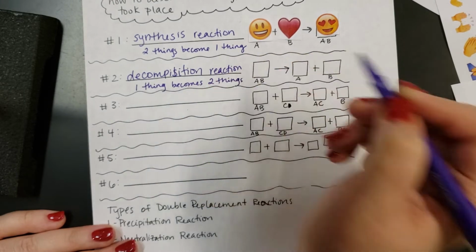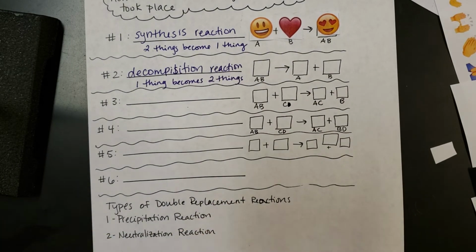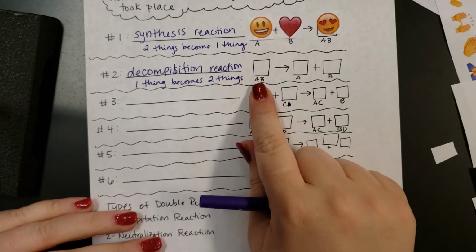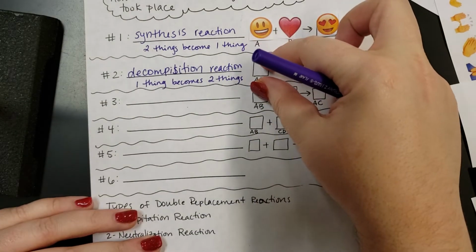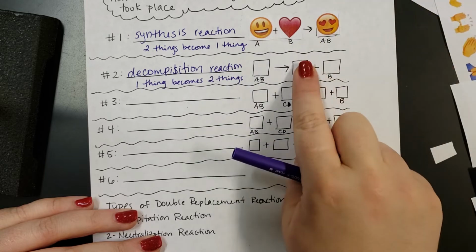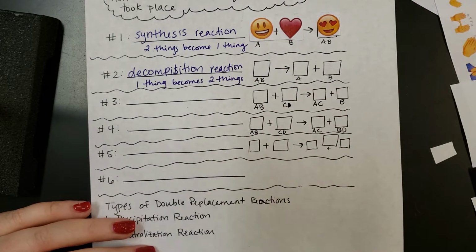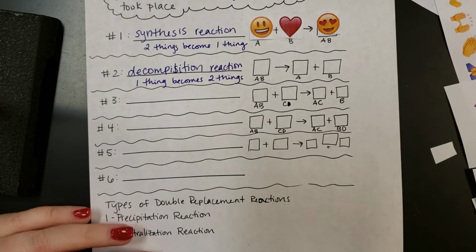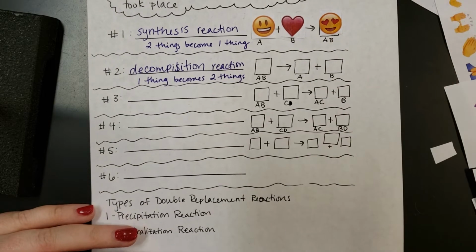We talked a lot about this in biology when we were talking about enzymes, how you would have one thing, an enzyme would come and make the chemical reaction happen, and then you would end up with 2 different things, okay? So it's essentially the exact opposite of your synthesis reaction.